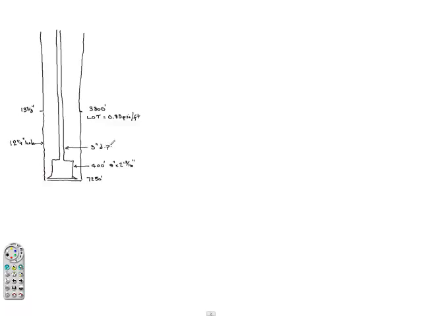Of course, once we take the influx, I'm not going to draw that in just yet, but when we do take the influx, we will close the well in at surface, up here on the BOPs, and we will have a PDP and a P annulus, pressure on the drill pipe and pressure on the annulus.